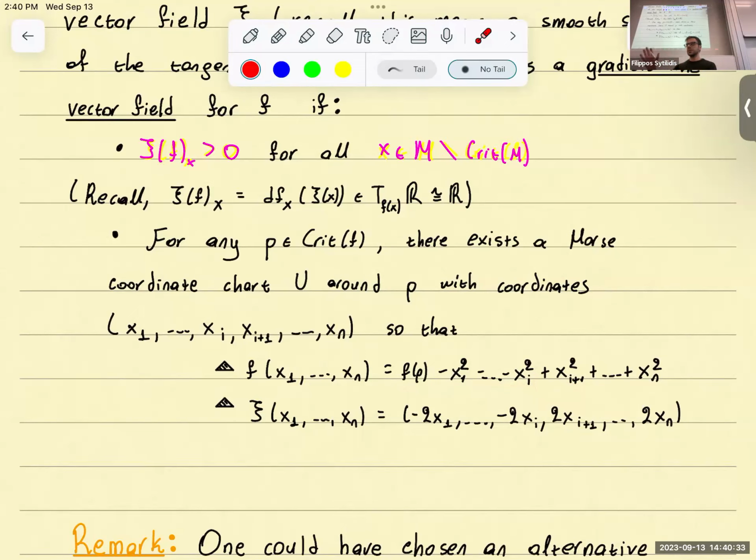That's going to give us a vector field in Rn, which we then pull back by our coordinate charts to a vector field on the manifold, and that's what locally the vector field will look like in a neighborhood of P. And that's the definition of a gradient-like vector field.